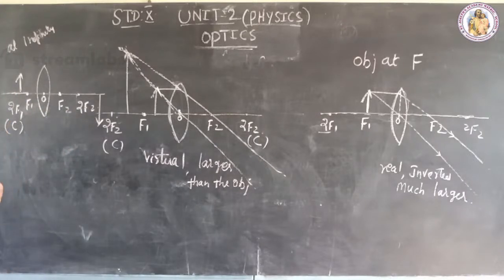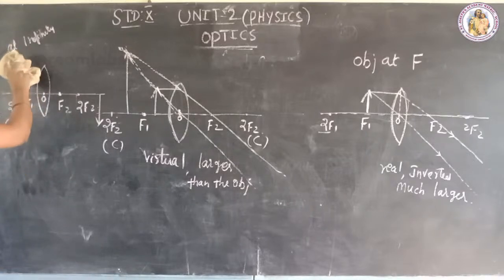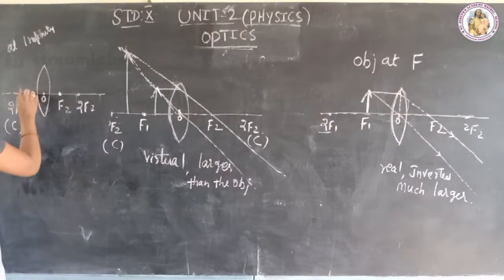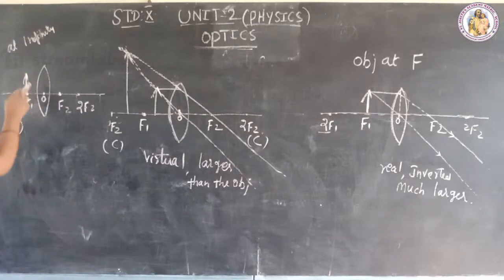Next, what happens if I keep the object at F1, at the focus point itself? The rays are converging, so after refraction the refracted rays are parallel, and the image is formed at infinity.